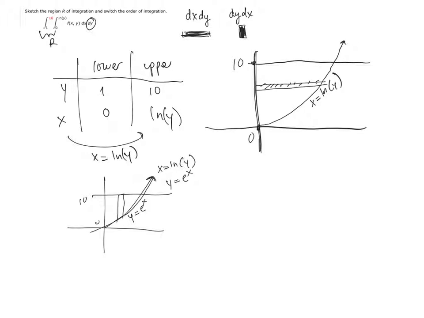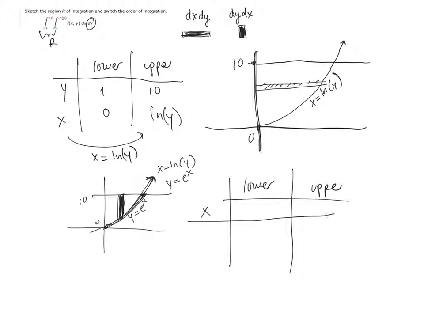So you have a horizontal rectangle, and the bound for x, lower bound and upper bound for x, is from 0 to this point right here, which we don't know yet. We're going to find that point.